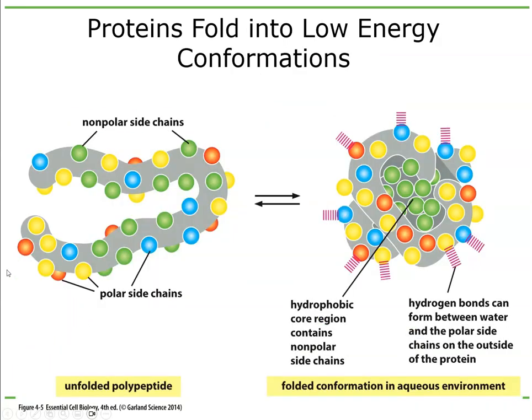Our case study for this chapter focuses on the idea that proteins fold into low energy conformations. When you're synthesizing your protein, you're going to create all these side chains that come off in different directions. And your protein is basically going to self-assemble.